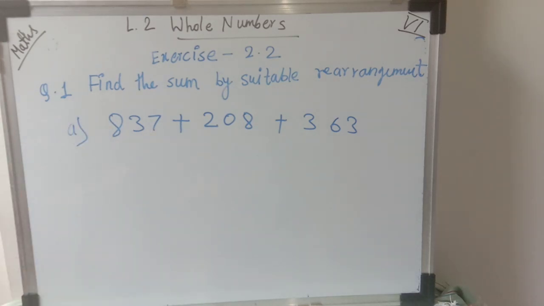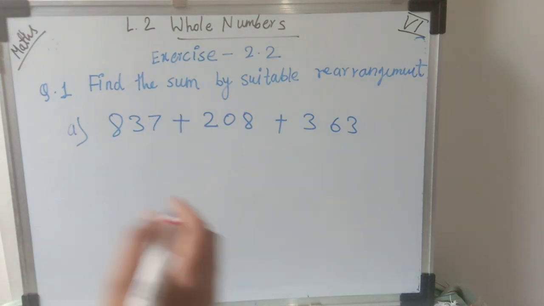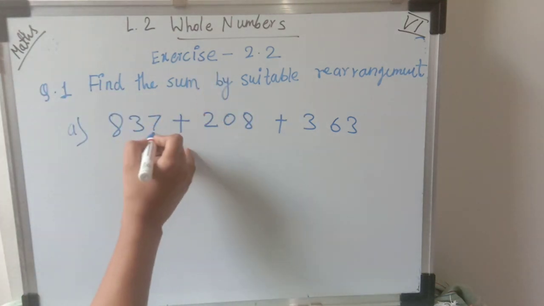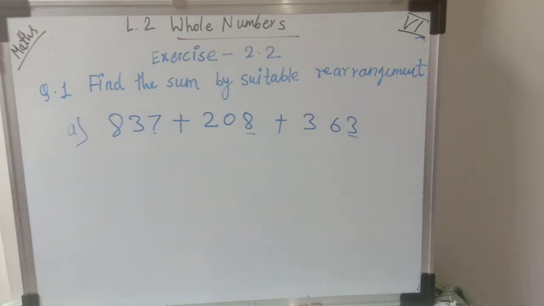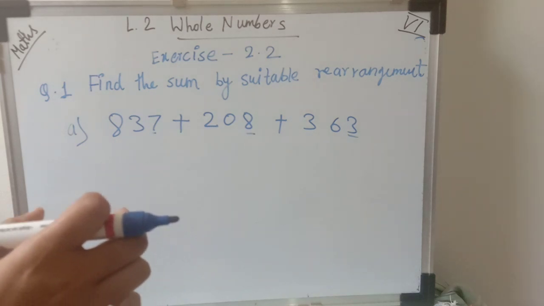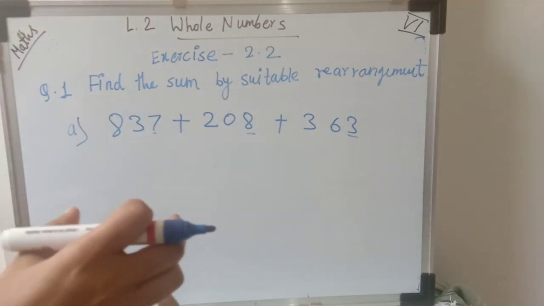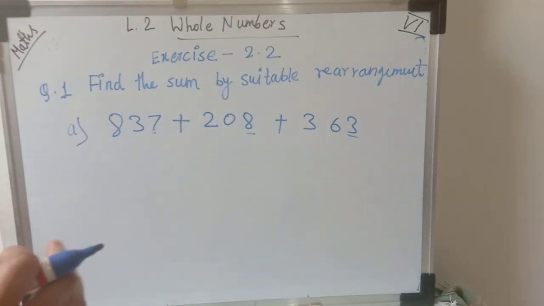When you are rearranging them, you have to see the last digit of every number. Here 7 is there, 8 is there, 3 is there. We have to decide which number we keep first and which number we add first, so it will be easy for us to do the addition.